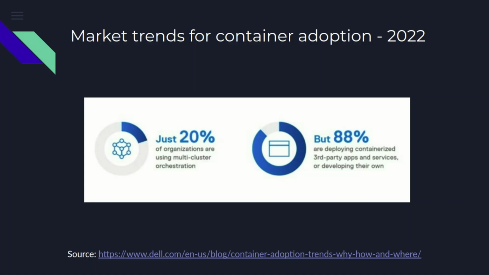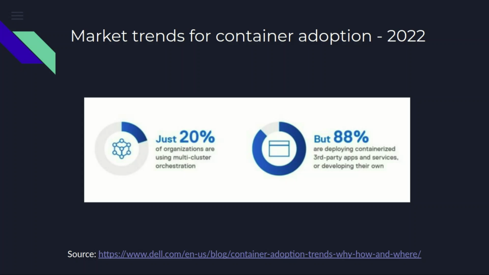If you look at the market trends for 2020, there was a study done by Dell which showed that 20% of the organizations are using multi-cluster orchestration in one way or another, so platforms like Kubernetes, OpenShift, and other container orchestration platforms.